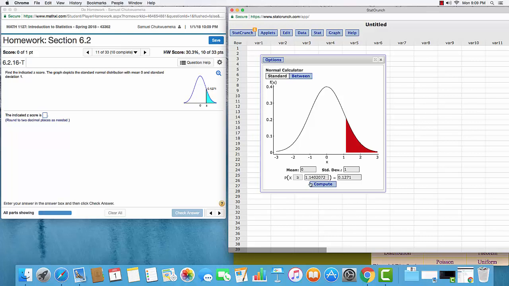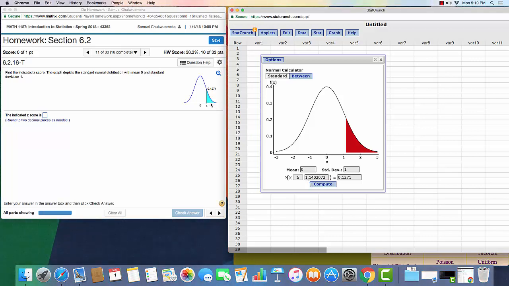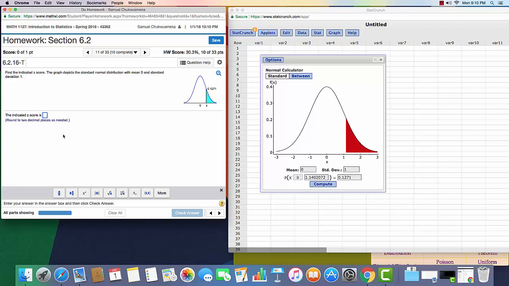So this is area to the right, or probability that the z-score is greater than 1.14. It's equal to 0.1271. That is what it means. So probability greater than, or area to the right, that's the same thing. So the z-score is 1.14.